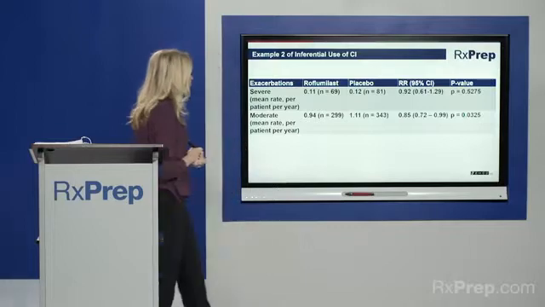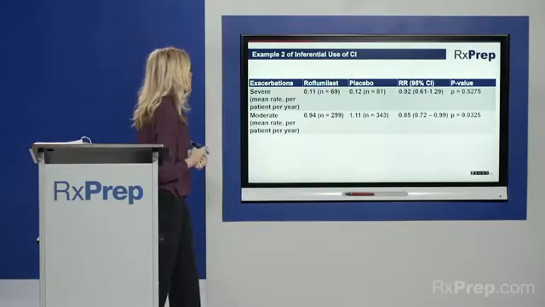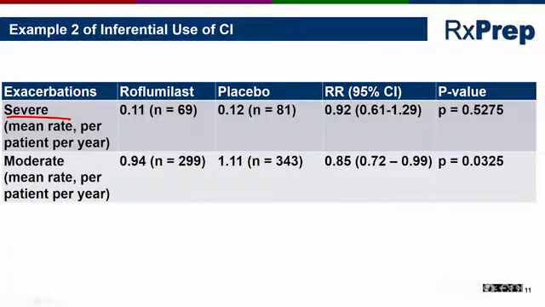Okay, example 2, looking at exacerbations. So severe exacerbations, and what's our data set now? Looking at relative risk or risk ratio. So now we have ratio data. When we have ratio as our endpoint or as our data, we're looking for that number 1, not 0.